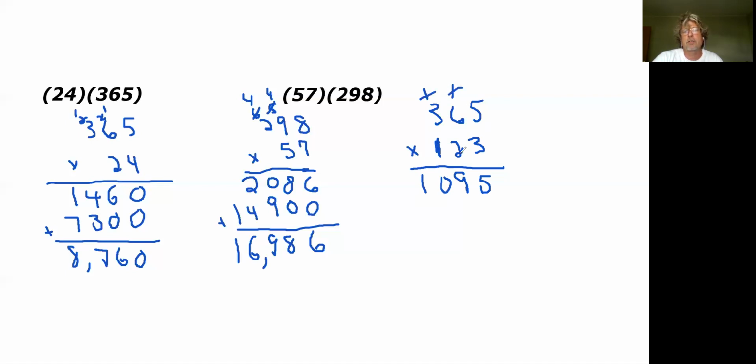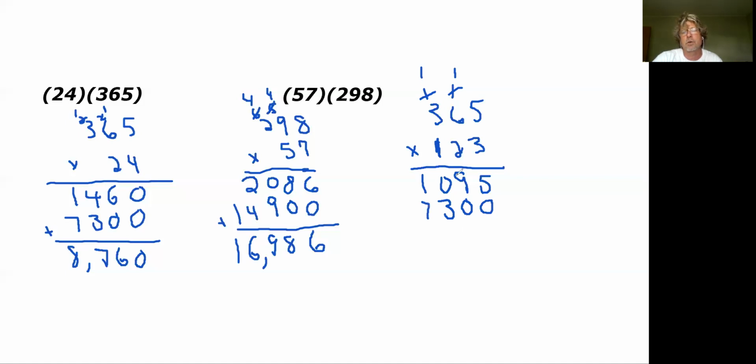Now remember, this 2 is actually a 20, so I put a 0 as a placeholder. Now I can just focus on the 2. 2 times 5 is 10. You carry the 1. 2 times 6 is 12, plus the 1 makes 13. Carry the 1. 2 times 3 is 6, plus the 1 makes then 7.